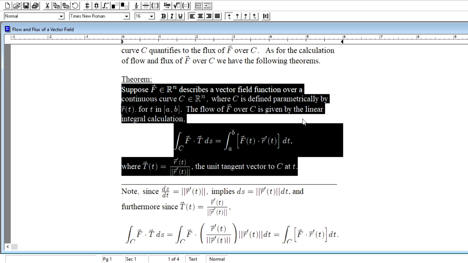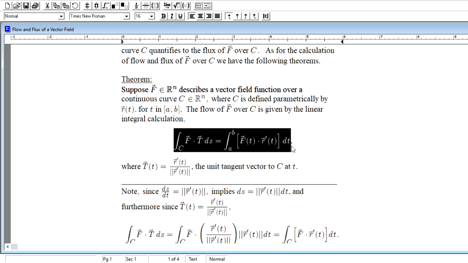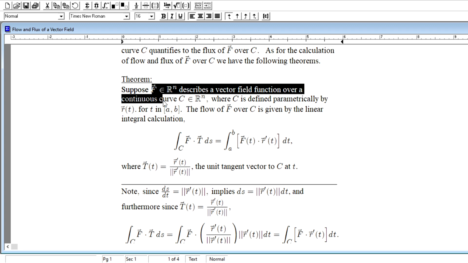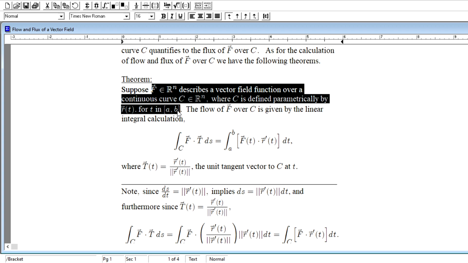But the calculations you actually are going to be setting up, these linear integral calculations, are going to be scalar valued calculations, right? Integration that happens in just one dimension, with respect to some parameter t, and they have a very specific formula that you can prepare with the parts that you are given.